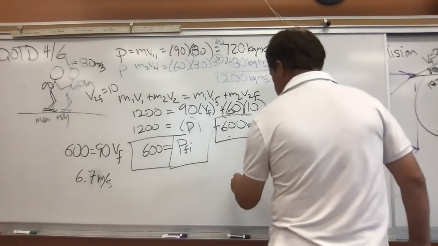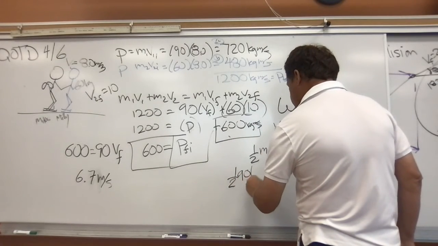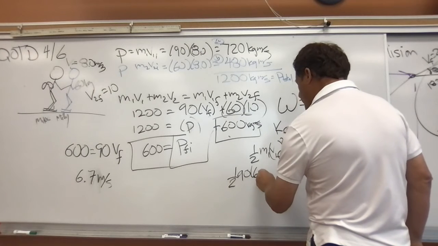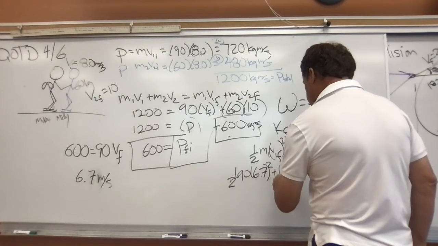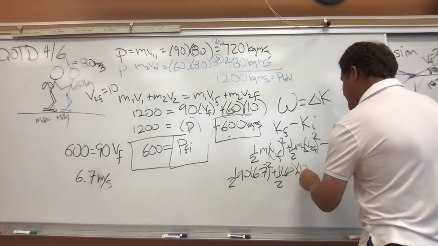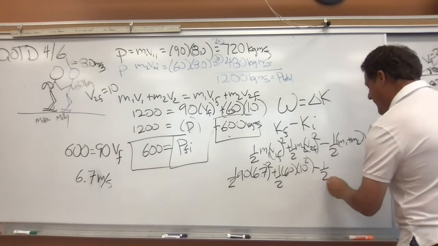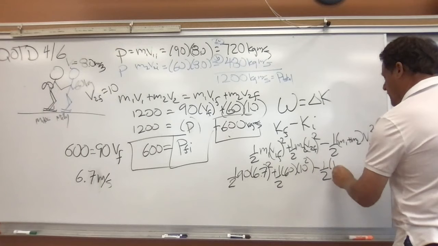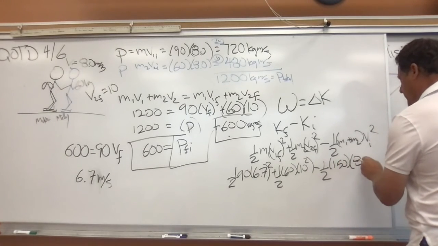So now we can say 1/2 of 90 times 6.7 squared plus 1/2 of 60 times 10 squared, minus 1/2. Their masses together are 150, and their initial velocity was 8.